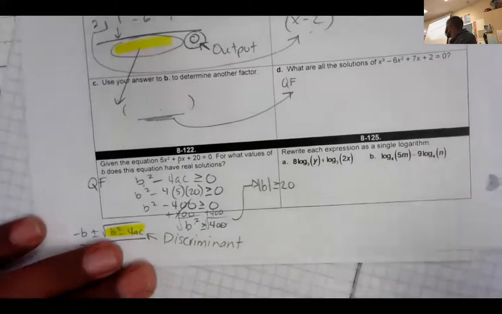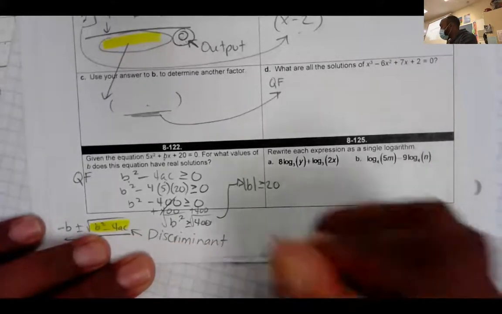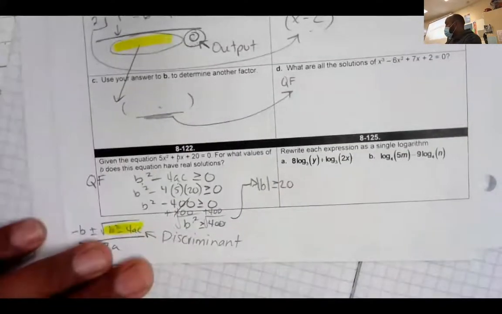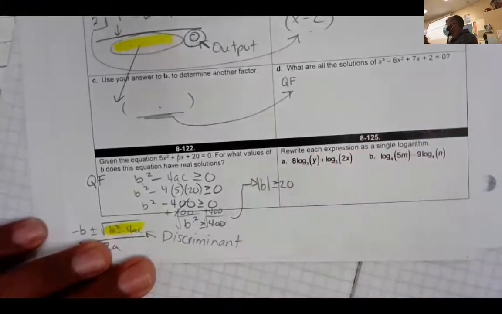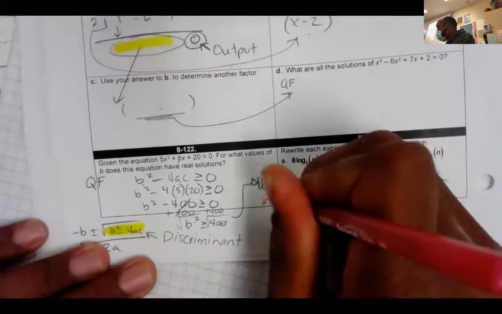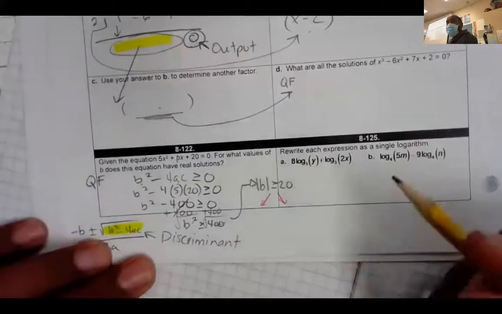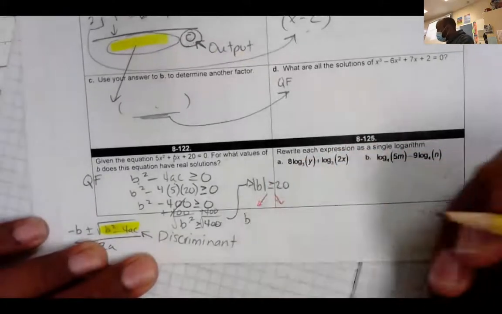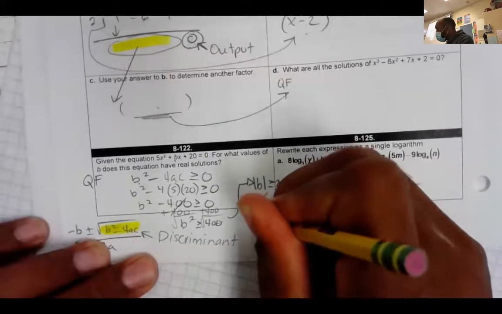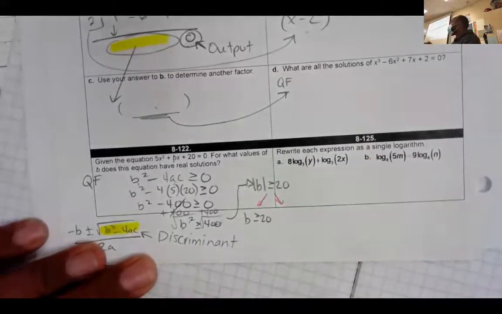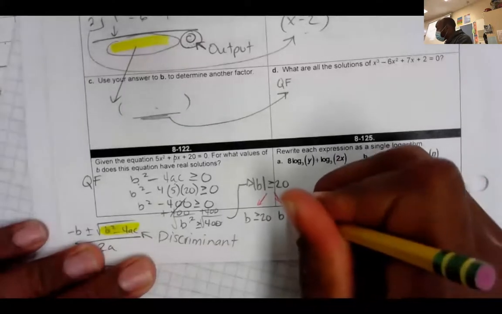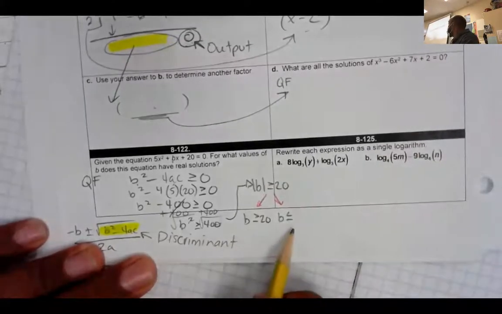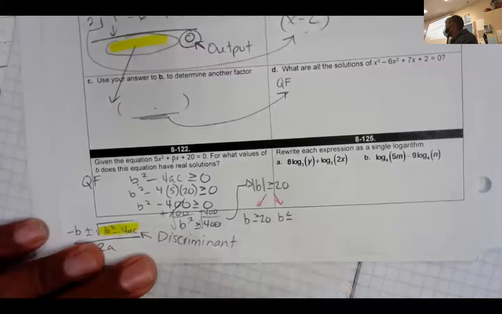Again, this is why I'm doing this with you guys. I'm pretty much giving the answer on this one because I know that we didn't really get a chance to go over how to solve quadratic inequalities, in other words, ones with squares. So now I split that into 2. One will be B is greater than 20. And when I split the second one, I flip the sign, which is now less, and I change the last number.